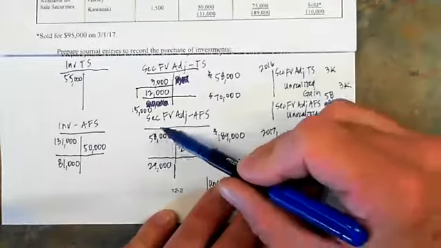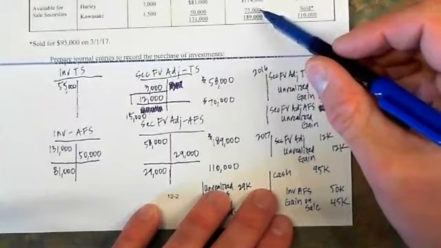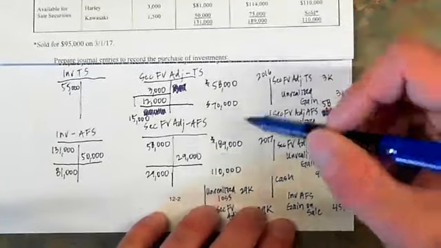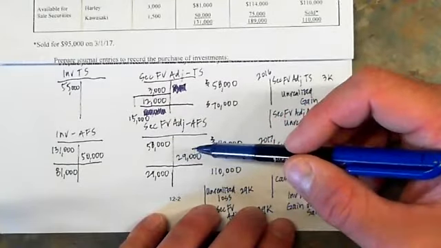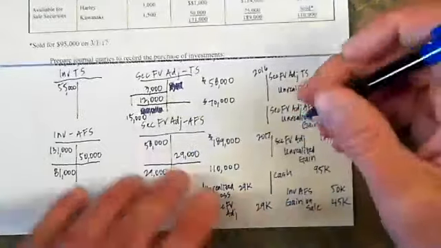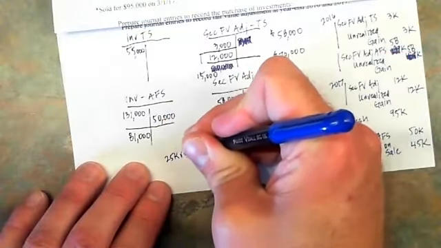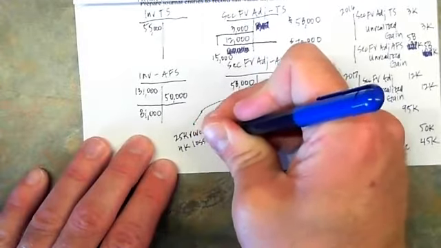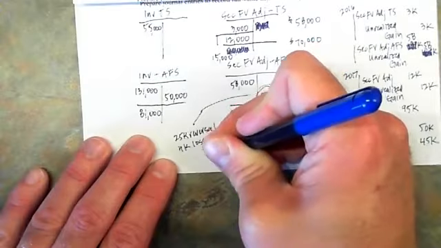So within this 58,000 that I recorded is $25,000 of a gain from my Kawasaki security. So I have to reverse that since it's no longer an AFS security of mine. So this 29,000 is really a $25,000 reversal and a $4,000 loss due to Harley.